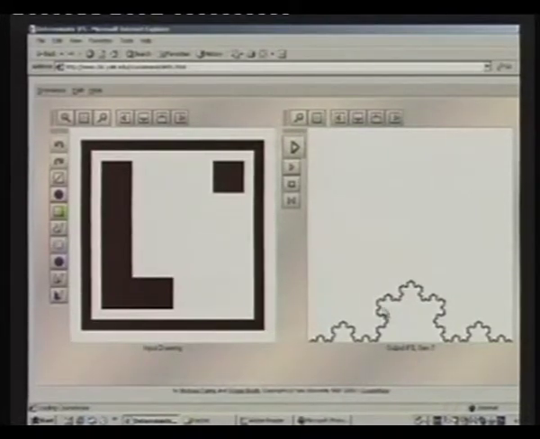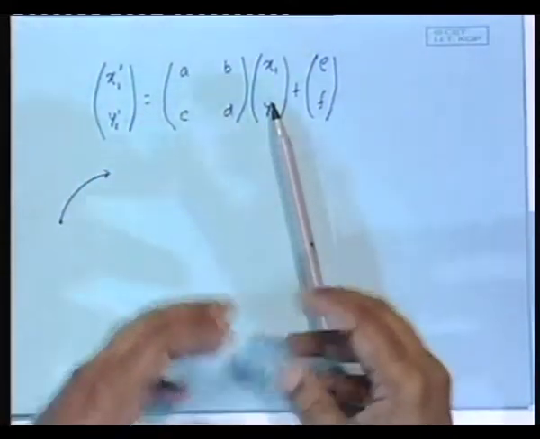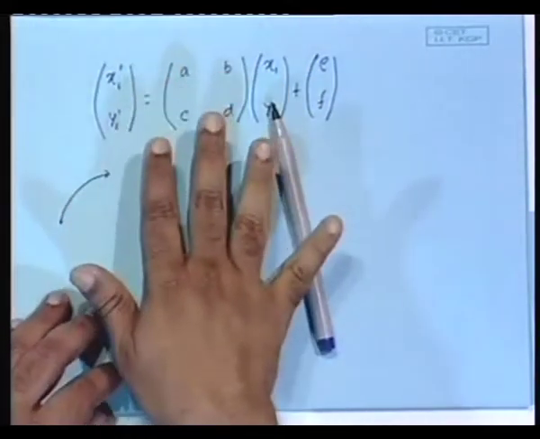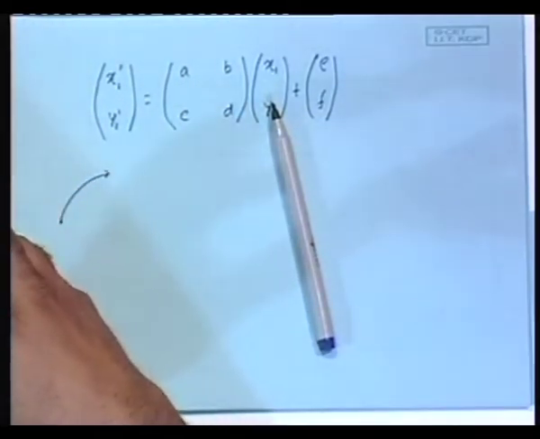For writing the IFS for this particular image, you don't need the 6 by 6 matrix calculation. Why? Why don't you need? Because initially I have shown that this A, B, C, D, E, F can be represented as r1 cos theta and r2 sin theta, that kind of representation. That means the kind of shrinking and kind of rotation can be obtained right from there.